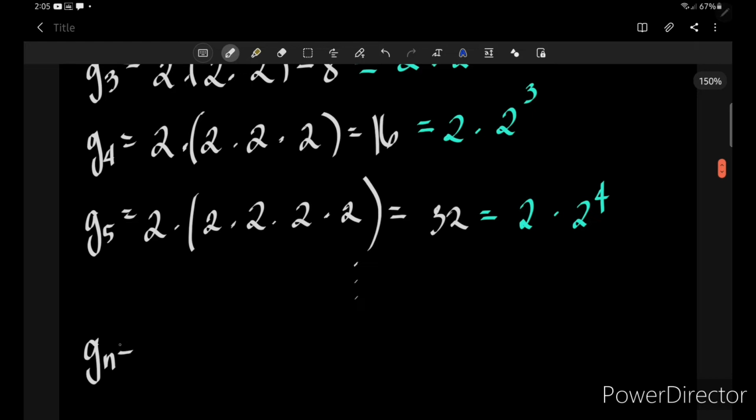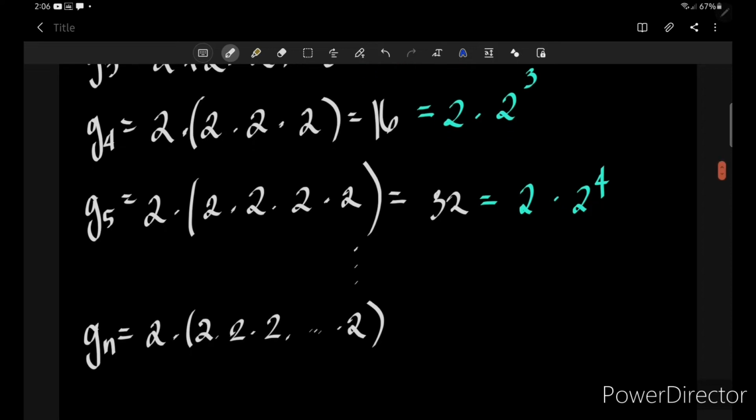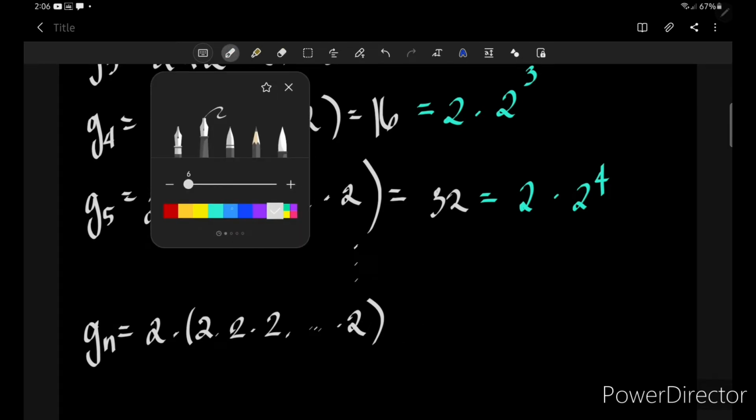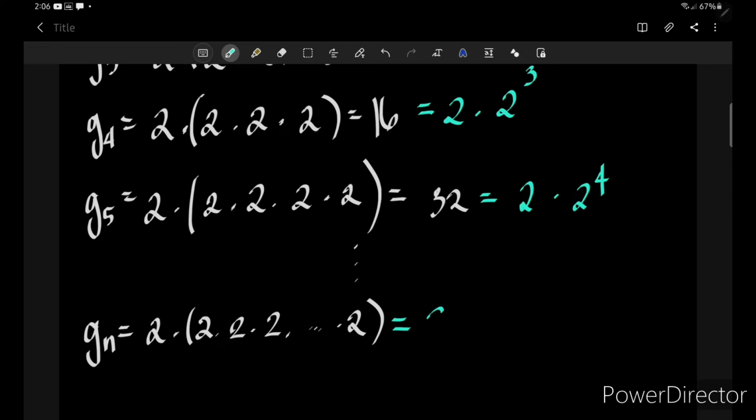Now, we can create or generate the general form. We have g sub n is equal to 2 times 2 times 2 times 2 times dot dot dot times hanggang sa nth term. Okay. We can write this as 2 times 2 raised to n minus 1. So, bawas ka lang ng isa.